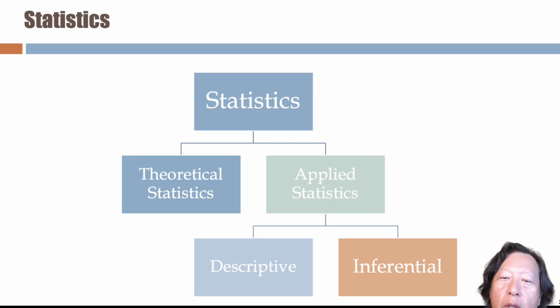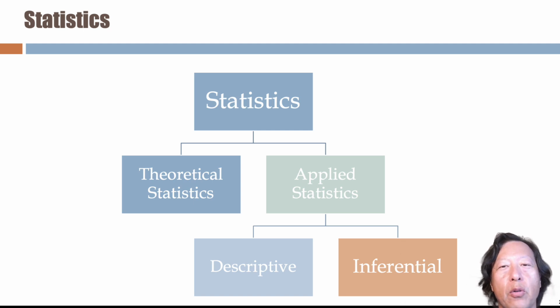Descriptive statistics is when we get a bunch of numbers, a bunch of data, and we can tell what the mean is, what the shape of the distribution is, and what the standard deviation is. We can describe that data. That data can be a population, but we just find the best way to describe this data set. That's descriptive statistics.